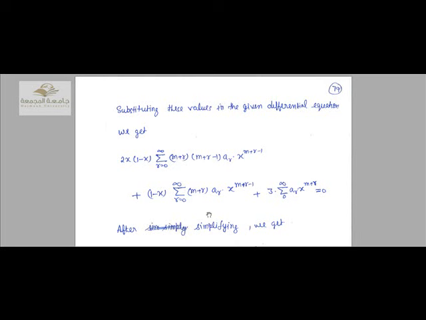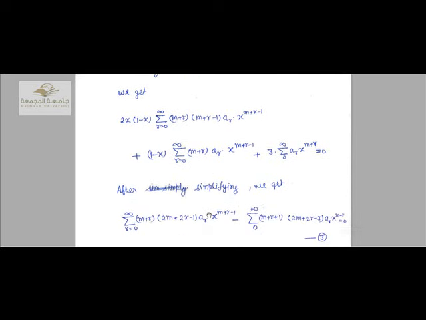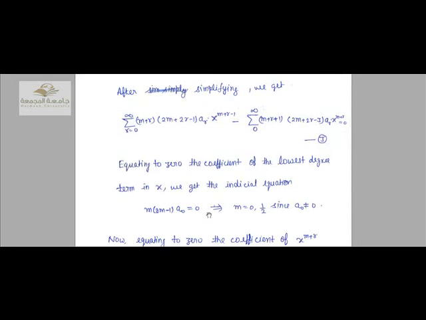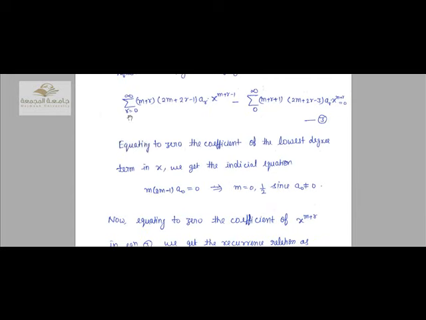After simplifying, we get summation r is equal to 0 to infinity (m plus r)(2m plus 2r minus 1) ar x to the power m plus r minus 1 minus summation r is equal to 0 to infinity (m plus r plus 1)(2m plus 2r minus 3) ar x to the power m plus r is equal to 0.